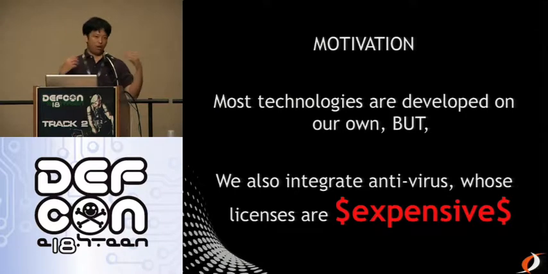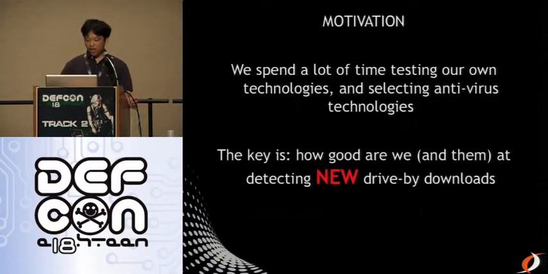So we started a while back looking if we can find some antivirus solutions that can be coupled with our behavior analysis. But they're very, very expensive. And so we spent a lot of time testing our own technologies and also selecting antivirus technologies.